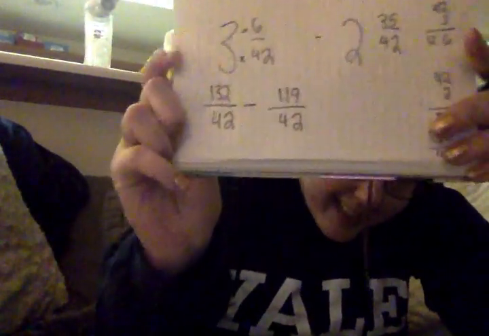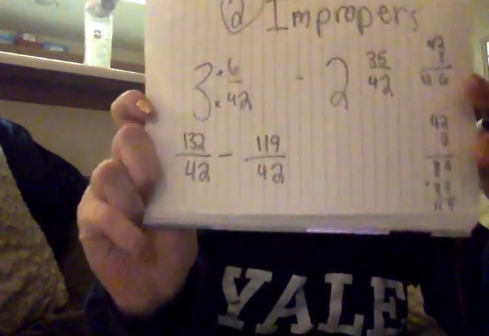I'm finding that 42 times 3 is 126, plus 6 is 132. So we have 132/42 minus 42 times 2 is 84, plus 35 is 119. So now I am at this right here. If you need to pause the video and take a look at my work, go ahead.